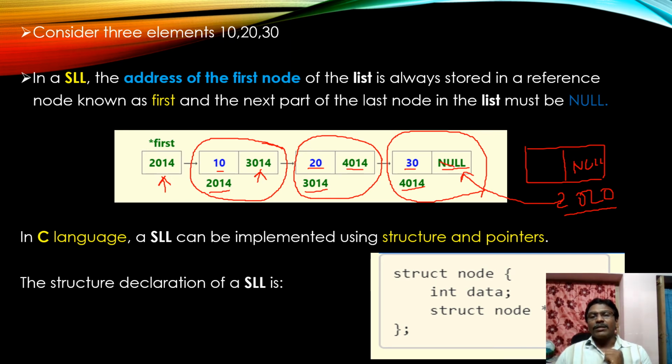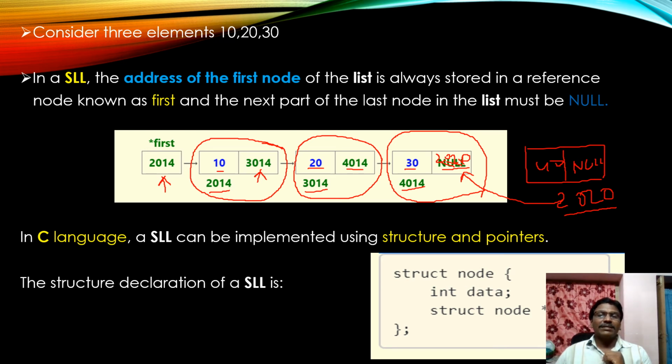So null is overwritten. The link is updated: the first node's next is moved to the next node. So it is the value 20, and its next is 4014. That next node is 30, and 2020 is stored in its next. Like this, create the nodes and traverse from one node to the next.